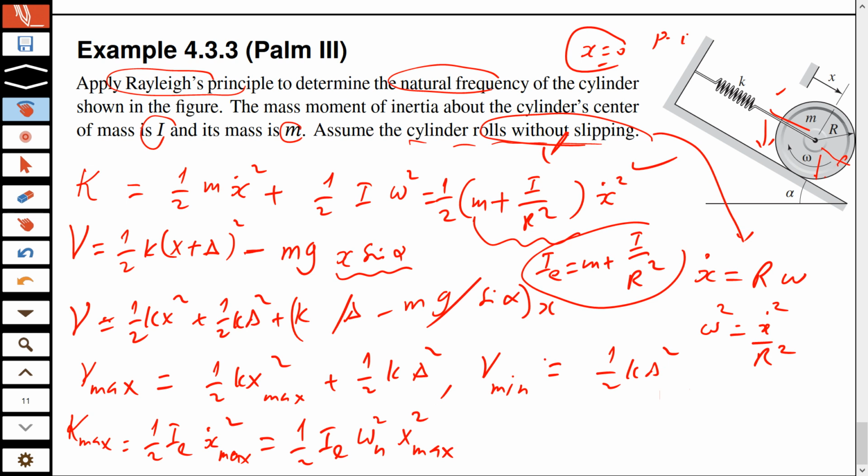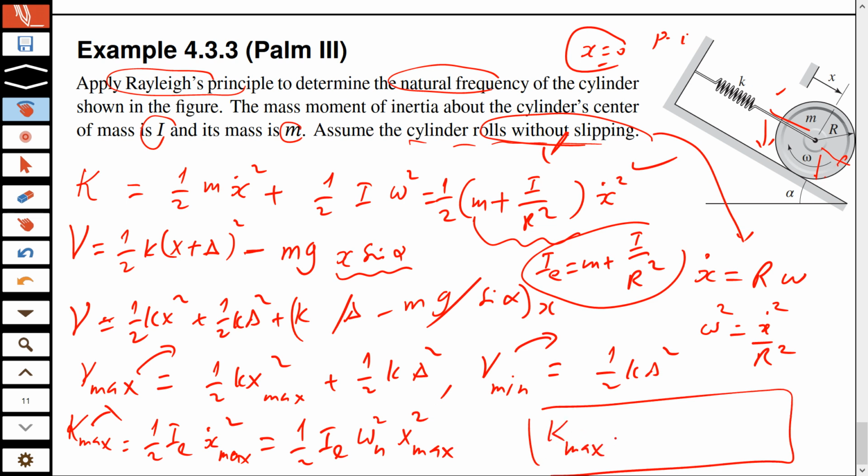Now you plug this value and this value into Rayleigh's method. Rayleigh's method says that T max, which is this value, equals V max, which is this value, minus V min, which is this value.